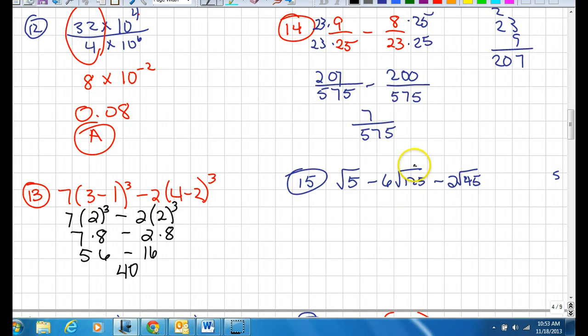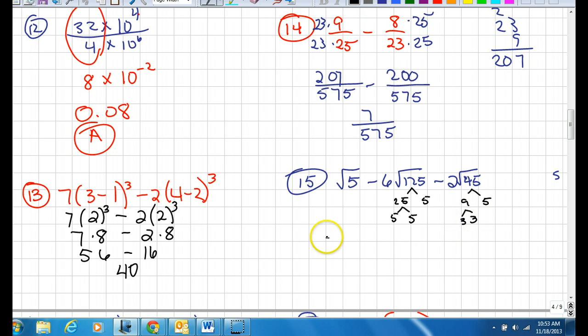Number 15, what you need to do is break these down into their prime numbers again. So 25 goes into 125 5 times. This is 5 and 5. And then 45 was 9 and 5, or 3 and 3 and 5.